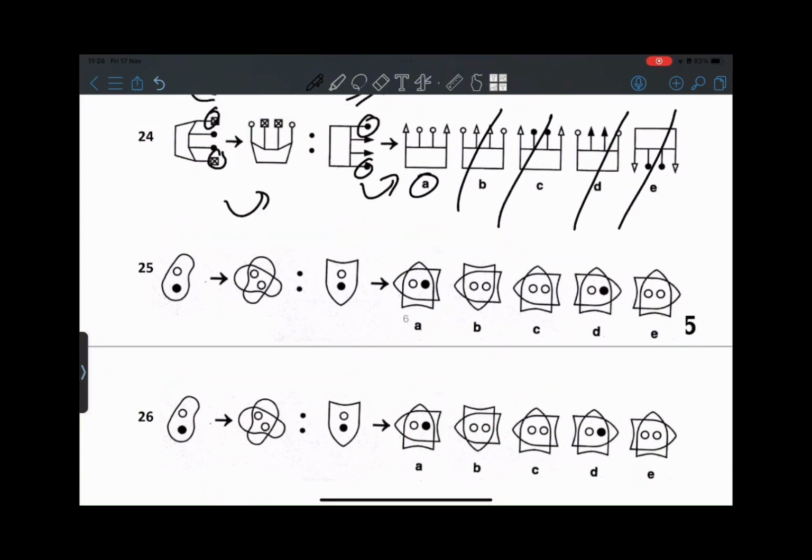Let's flip this. So this seems to point the other direction, so this one's going to point upwards. Now, just look for a tip. So even if it's a bit confusing, look for a tip. This one doesn't have a tip, okay, the rest of them do. And now we just have to figure out the colour change of the circles.